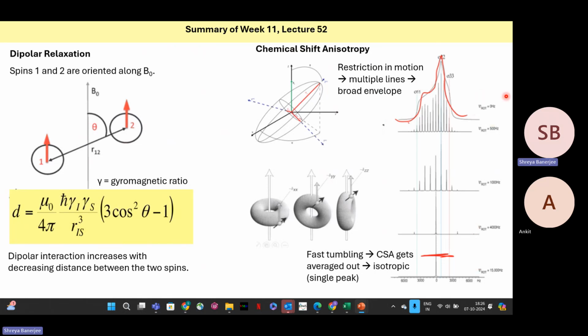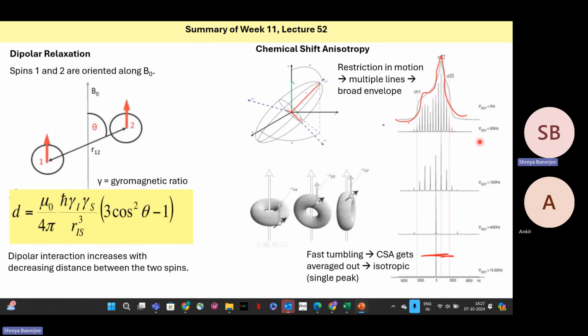This happens when you are not allowing the spin to rotate. If it is solid state NMR and you're not allowing the molecule to tumble, the frequency of rotation is 0, and in that case you will observe multiple lines.